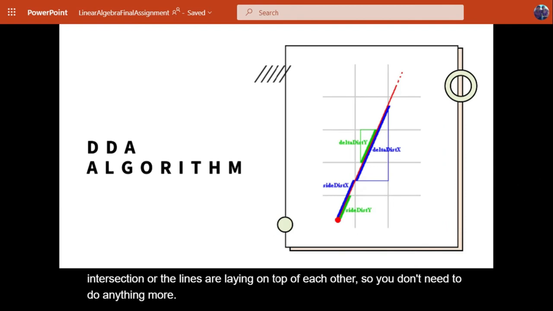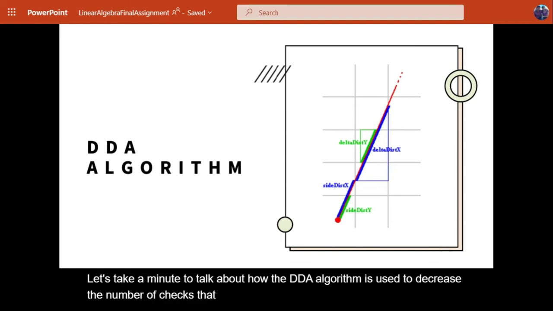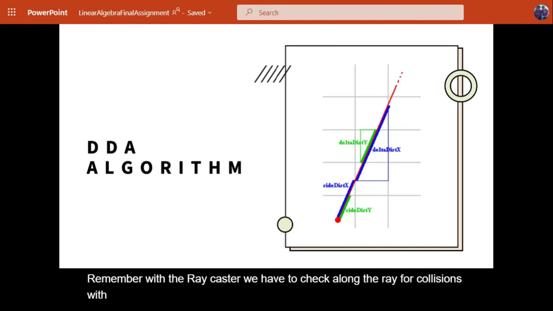Let's take a minute to talk about how the DDA algorithm is used to decrease the number of checks that are necessary when looking for intersections in a 3D raycaster. Remember, with a raycaster, we have to check along the ray for collisions with walls. Well, some hacky and inefficient raycasters take tiny, equally sized incremental steps along the ray to check for intersections.